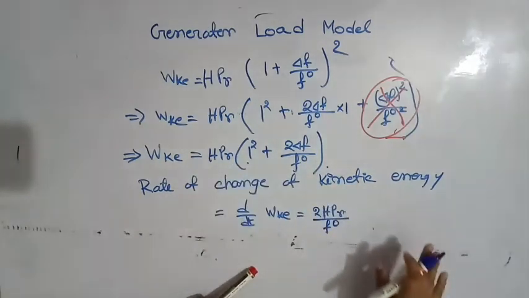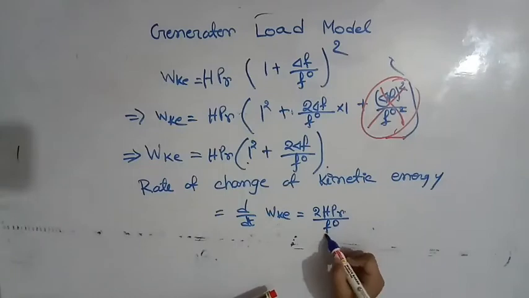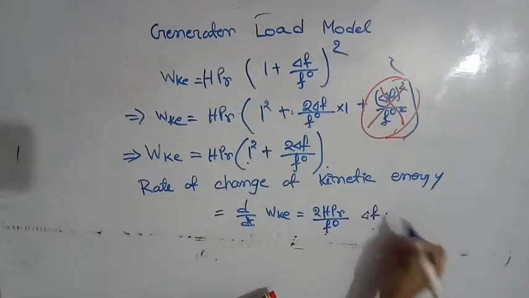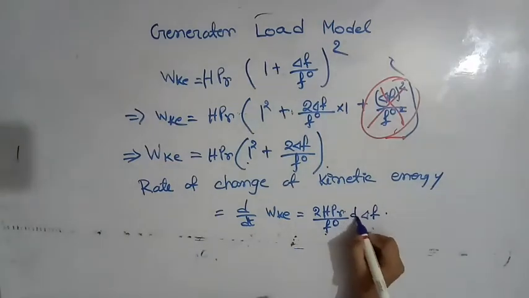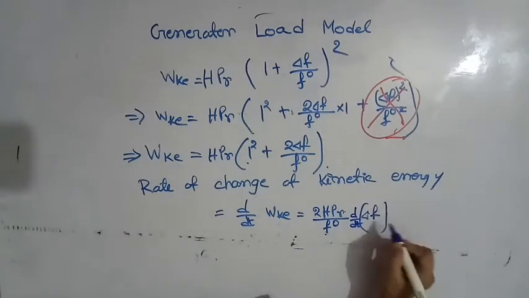This is constant, so its derivative is equal to 0, plus 2 HPR by F0, a constant term, into d/dt of delta F.